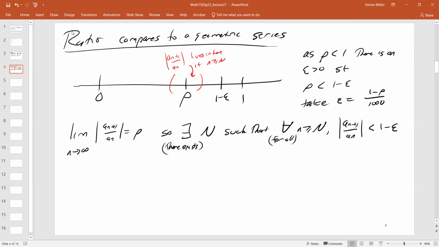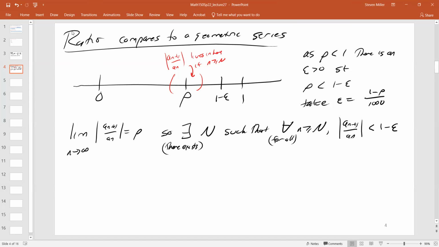Everybody fine with this? Yeah, I'm converging to rho, so eventually I'm going to be no more than rho plus or minus 1 over quadrillion. Or rho plus or minus 1 over quadrillion factorial. And I just make sure that this is less than a fixed amount of 1. Okay? So let's see what's going on.